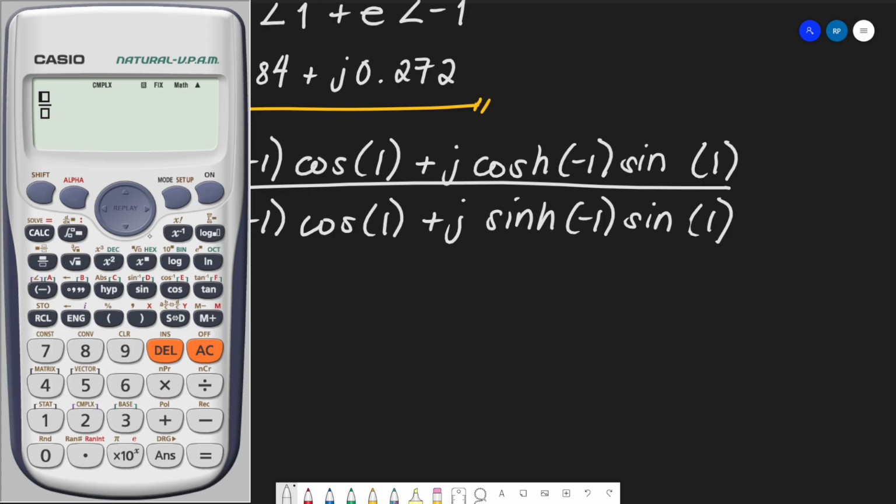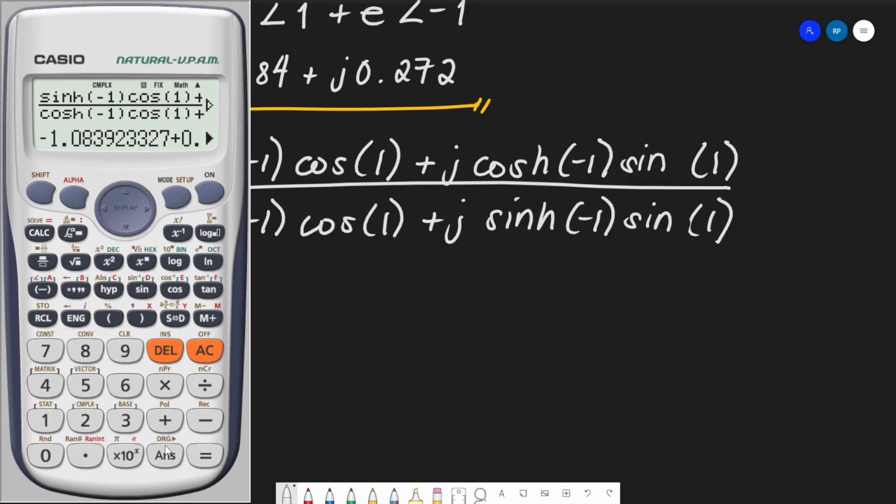Ayan, sorry for that. Yun pala yung mali ko. So, retype natin: sin negative 1 cos 1 plus i cos negative 1 sin positive 1, over cos negative 1 cos positive 1 plus i sin negative 1 sin positive 1.